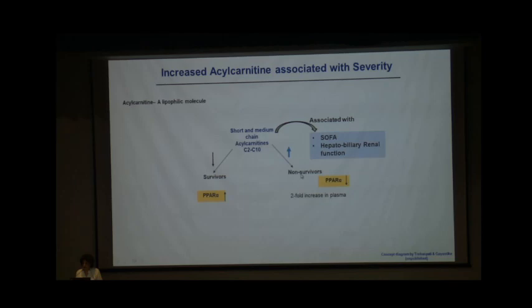They used a PPAR alpha agonist, because with the acyl carnitines they observed that PPAR alpha was also altered in the non-survivors. However, they found that there was also more toxicity in the phase 2 clinical trial.